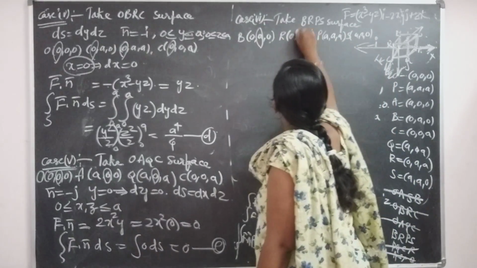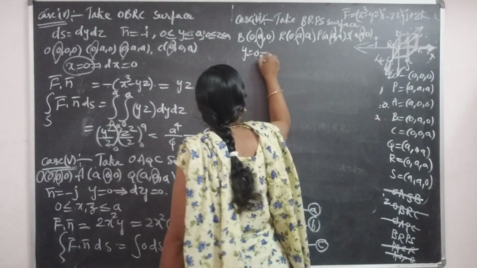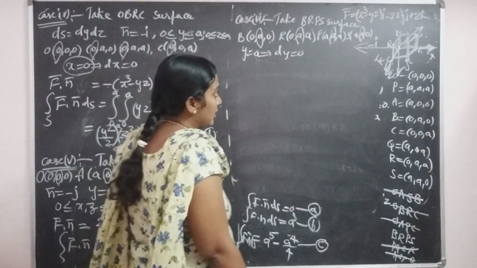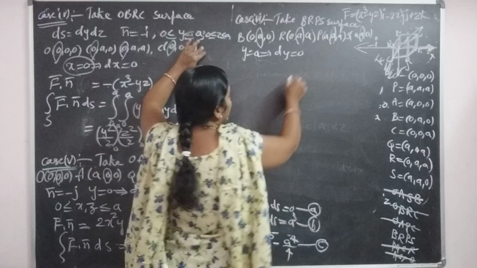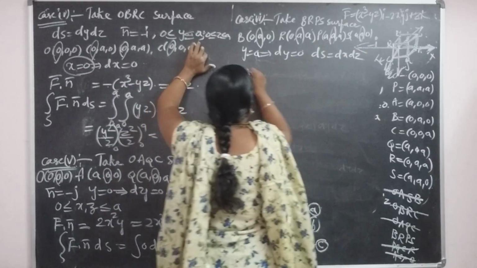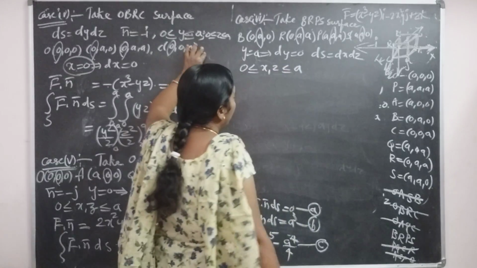In this, all y values are a, then dy equal to 0. Why? Because it is in the xz plane. Then dS equals dx dz, and x and z limits are from 0 to a.